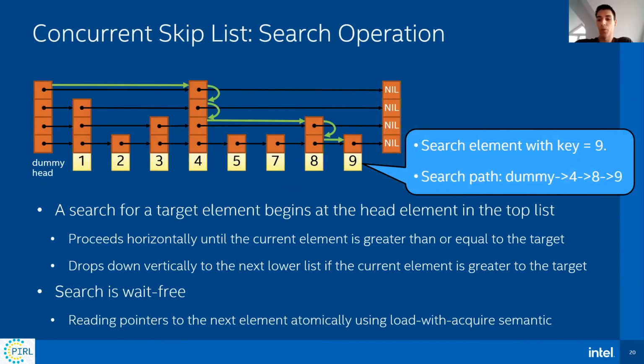In this example, we try to find the element with key 9. A search begins at the dummy node head and proceeds in the topmost layer until nil or an element with a greater key is found. We then descend to the lower level and repeat the procedure. And reading all pointers is done via atomic reads with acquire semantics.